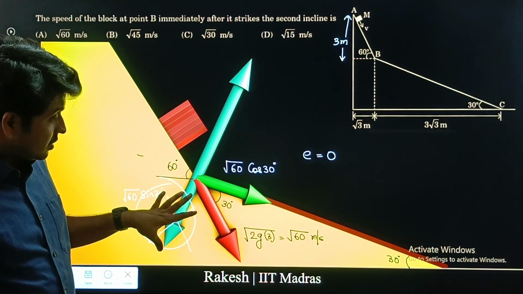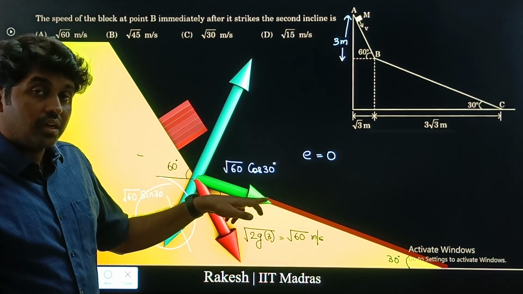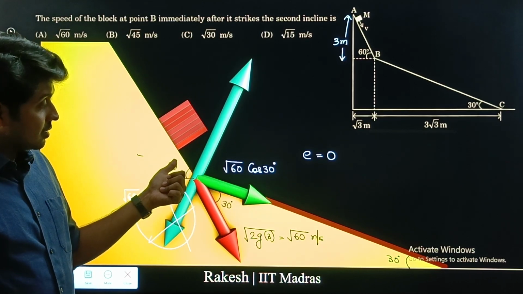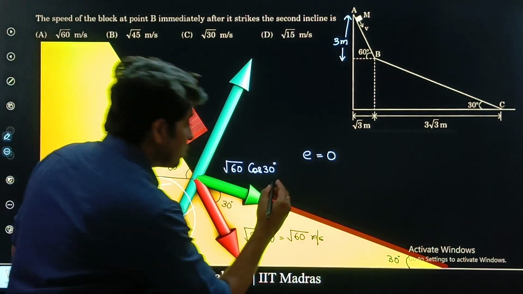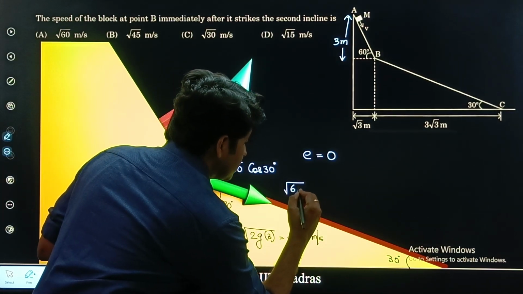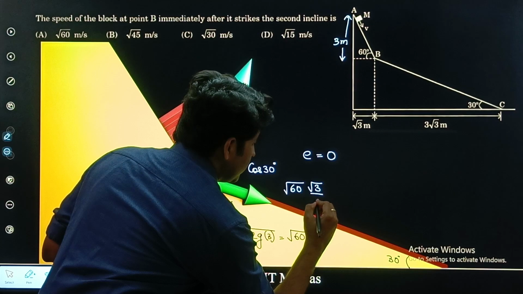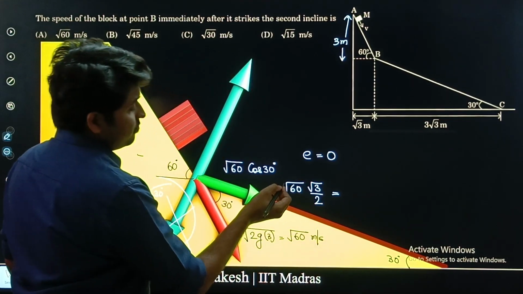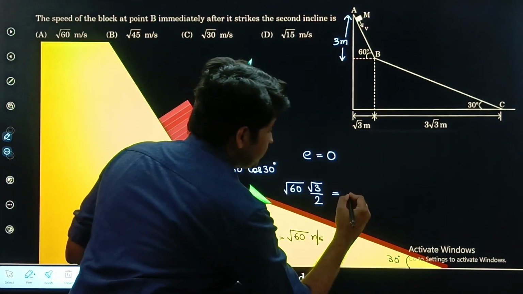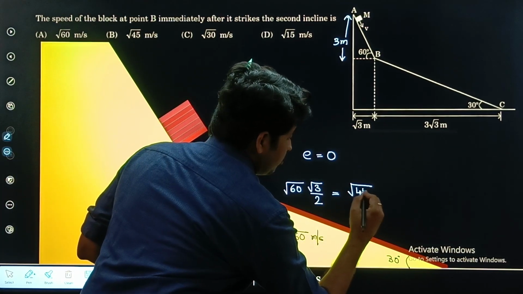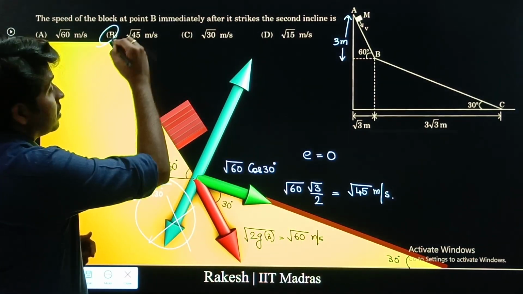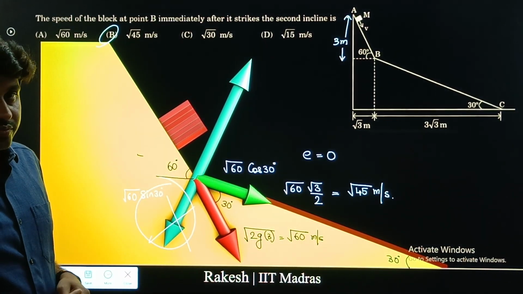After collision, this velocity vanishes and we have this velocity only. Okay. So after collision, before collision root 60, after collision root 60 cos 30, that will be root 60 into root 3 by 2. Okay. So this will be root 45 meters per second. So this will be the correct option. Okay.